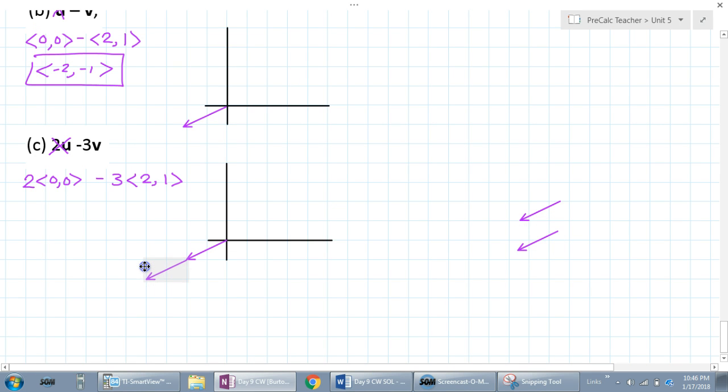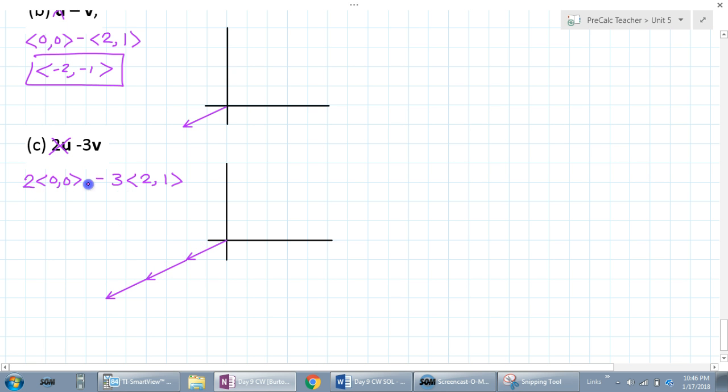And I'll just put those end to end. So that's how you get negative 3v. And there it is, graphically, there is negative 3v. It's 3 negative v's.